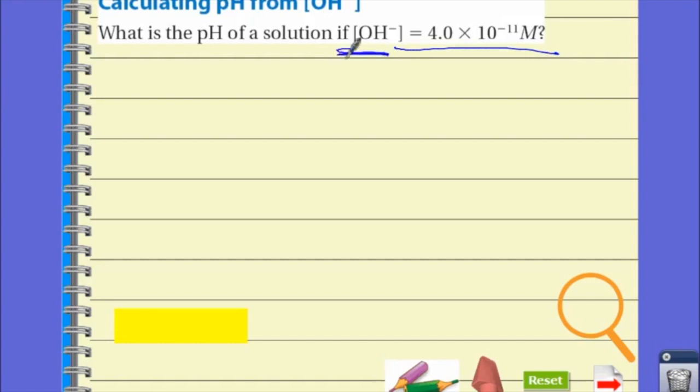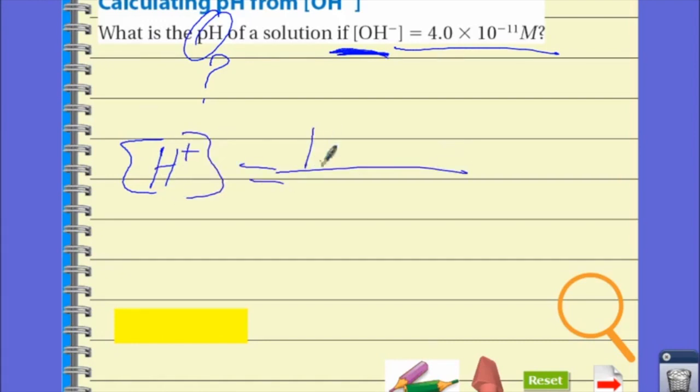They give me hydroxide, OH minus, but they ask me for pH. So I need to find the concentration of H plus. H plus equals 1.0 times 10 to the negative 14 divided by my OH minus.